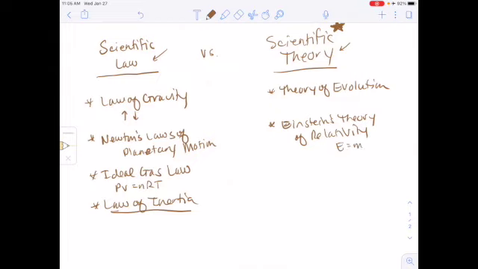That's the E equals mc squared thing. There is atomic theory. Oh, germ theory. We could go on and on.